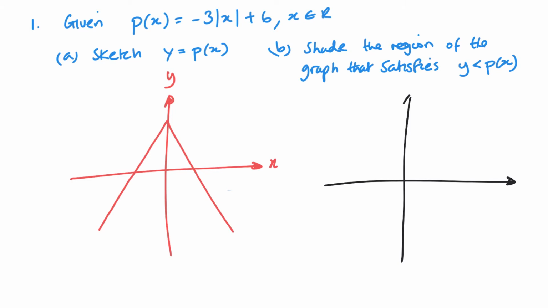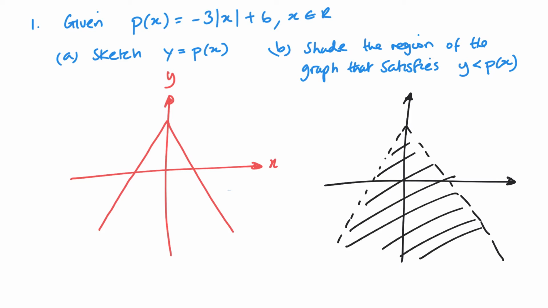Now, as I said, my graph looks something like this, but the difference is in this one I'm going to put dashed lines, and then the area under that will be this area. This is my shaded area here.